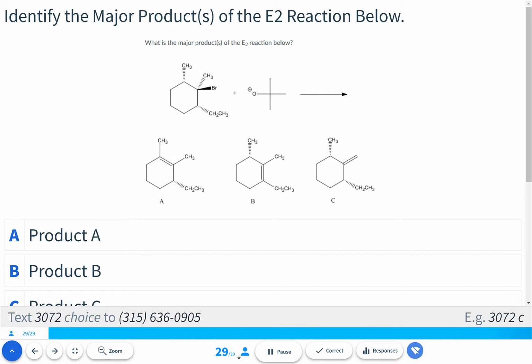Okay, time to revote. If you want to change your answer, you can go ahead and change your answer. If you want to stay where you're at, you can go ahead and stay where you're at. Is everybody done?